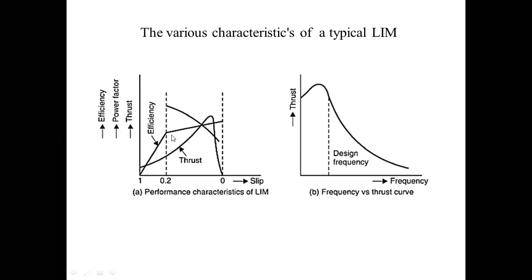The efficiency value up to the zero point slip has a linear motion, after that it should be moving towards the zero value, so the efficiency should be like this.